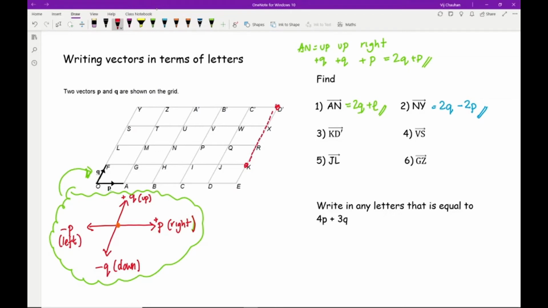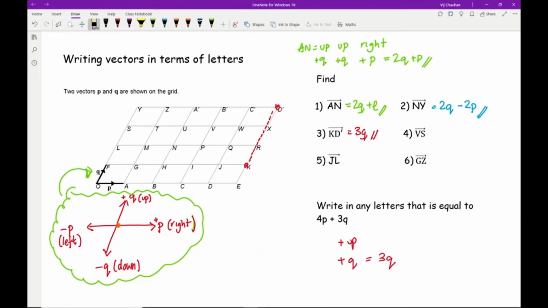K to D dash is up, plus up, plus up. So up is plus Q, up again is plus Q, up again is plus Q. So Q plus Q plus Q equals 3Q. So the final answer for this is 3Q. Again, you can put an underline next to it because it's vectors.